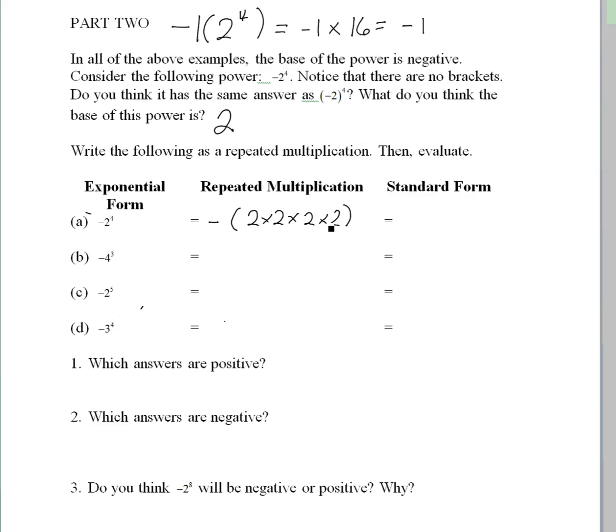If we look down here, this one's going to be the same: negative and then 4 times 4 times 4. What's really important is when there are no brackets, the negative sign is not part of the base, therefore it does not repeat. So fill in the rest of part 2, pause the video, then restart the video and see if your answers are correct.